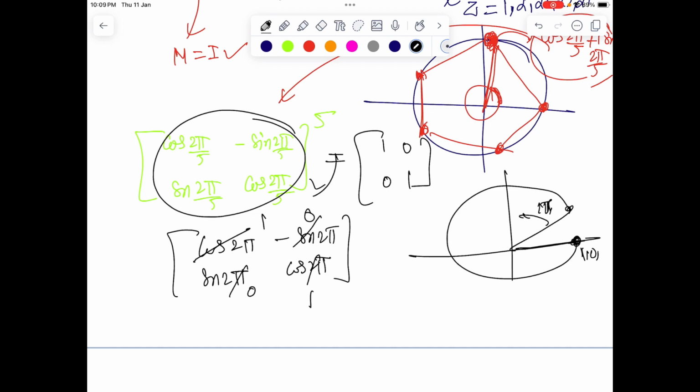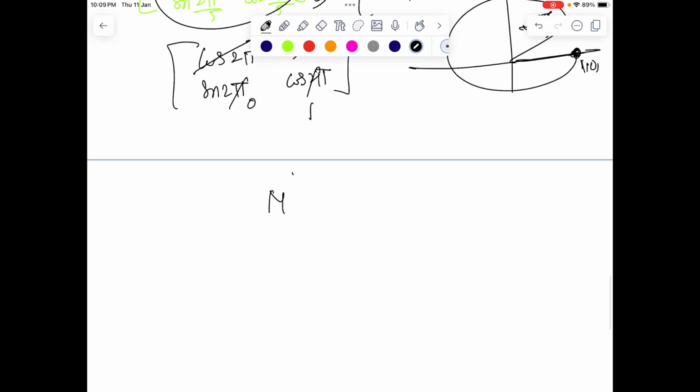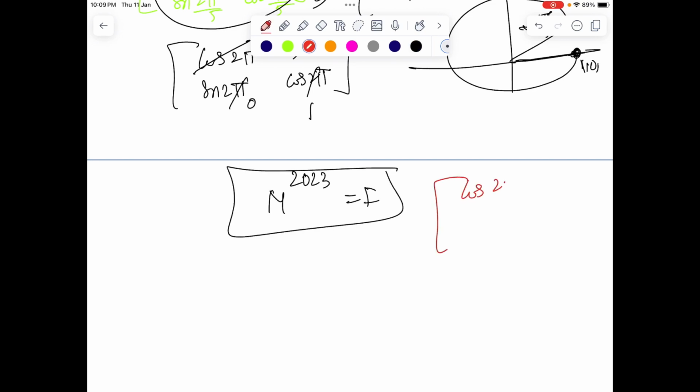So the beauty of the question is clearly remarkable, and it also tells you that in general, you can solve even M to the power 2023 equals iota. And this will involve answers like cos 2 pi by 2023 and minus sine 2 pi by 2023.